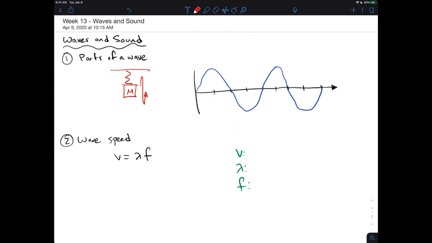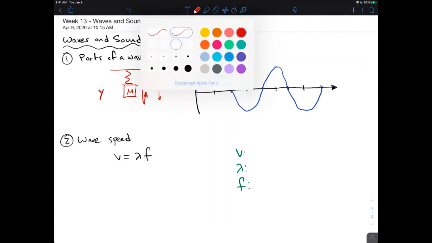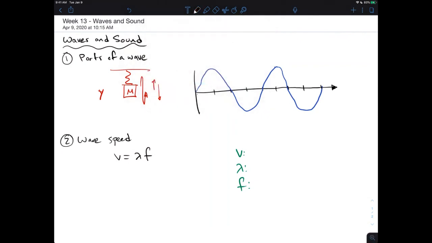If I were to plot the y direction for this mass on a spring, moving upwards and then downwards, what I would have is something like this. So I would have my y direction, and this would be time, and I just graph this out. In the y direction, we'll call this 0. We can call this -1 and +1, something like that.